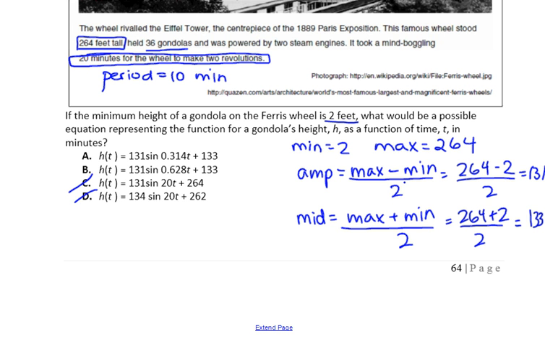Only thing left to figure out is our B. What's the formula for B?